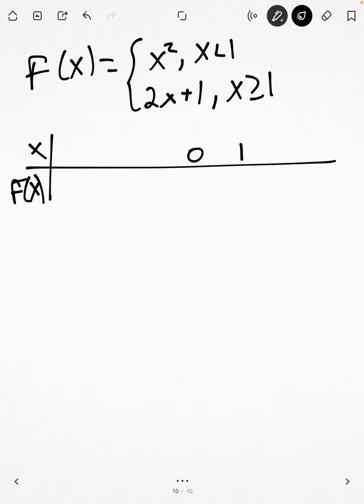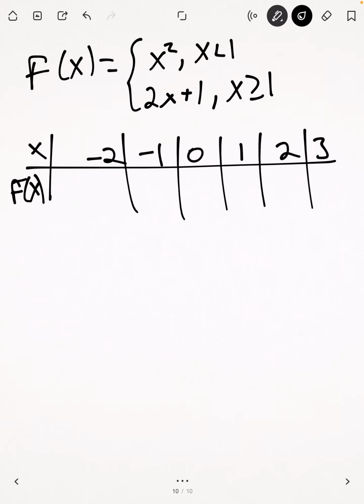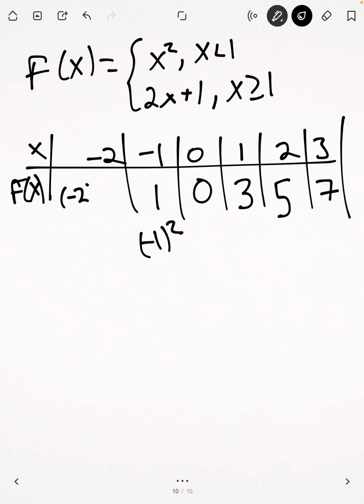So 0, 1, 2, 3, and then 0, negative 1, negative 2. So big F at 0 is 0. At 1, it's 2 times 1, or 2 plus 1 is 3. At 2, 2 times 2 is 4, plus 1 is 5. At 3, 2 times 3 is 6, plus 1 is 7. At negative 1, we have negative 1 squared, which is 1. And here we have negative 2 squared, which is 4.